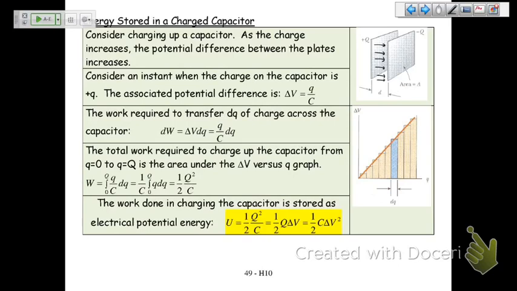But let's see if we can figure out how much we store. Well, we know, consider the charging of a capacitor. As the charge increases, the potential difference across the capacitor increases. So I need to talk a little bit.